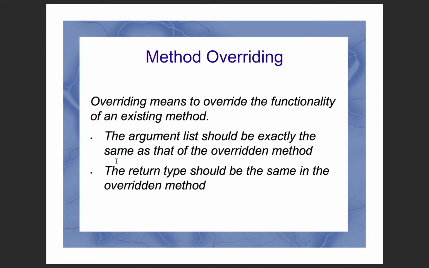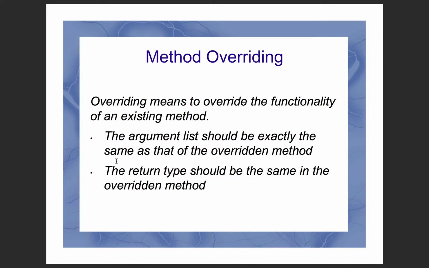That subclass inherits all the functionality from the superclass. Now in the subclass you can override a function that is adopted from the superclass. This is called method overriding. You are overriding an existing method that is adopted from the superclass in the subclass.